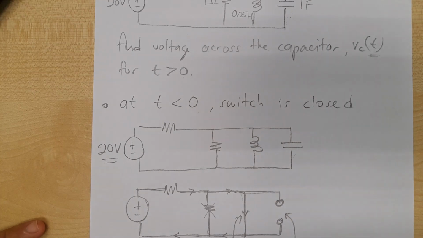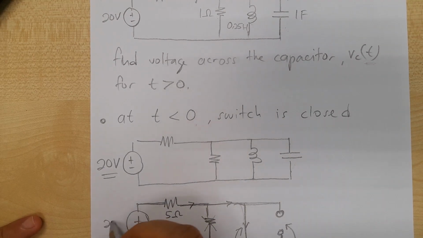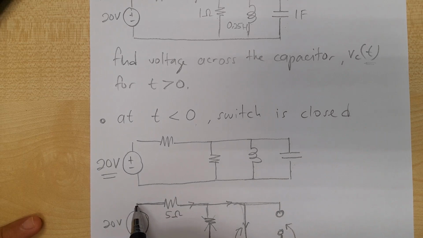So this is 5 ohm, this is 20 volt. So basically the current I L0 is 20 volt divided by 5 ohm. That is 4 amp.